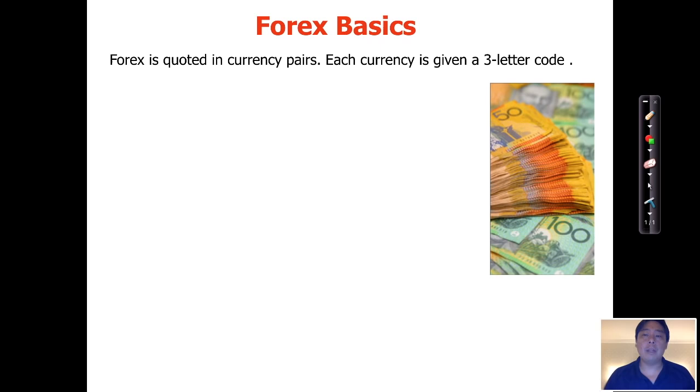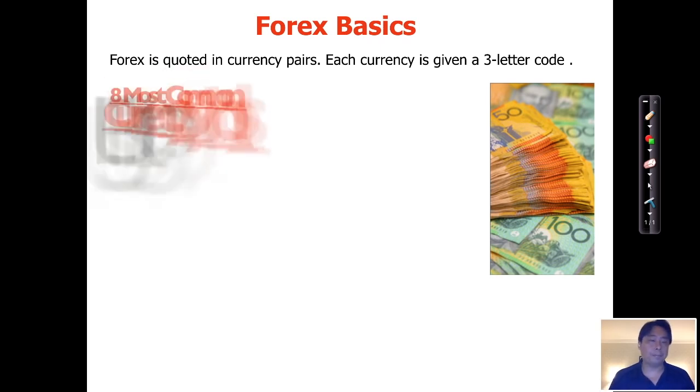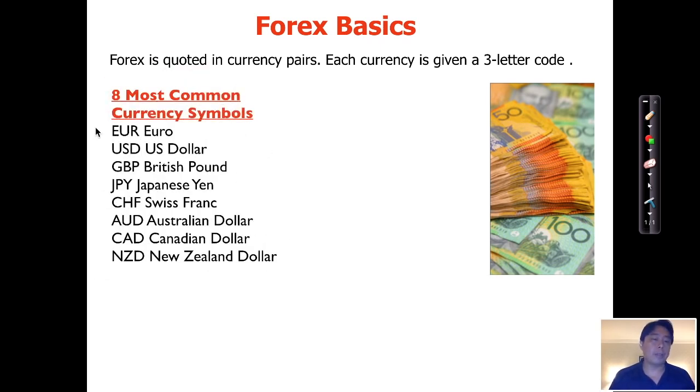Each currency is given a 3-letter code. This is something you have to memorize. EUR is the euro, USD is the US dollar, GBP is the Great British Pound, JPY is the Japanese yen, CHF is the Swiss franc, AUD the Australian dollar, CAD the Canadian dollar, and NZD the New Zealand dollar.